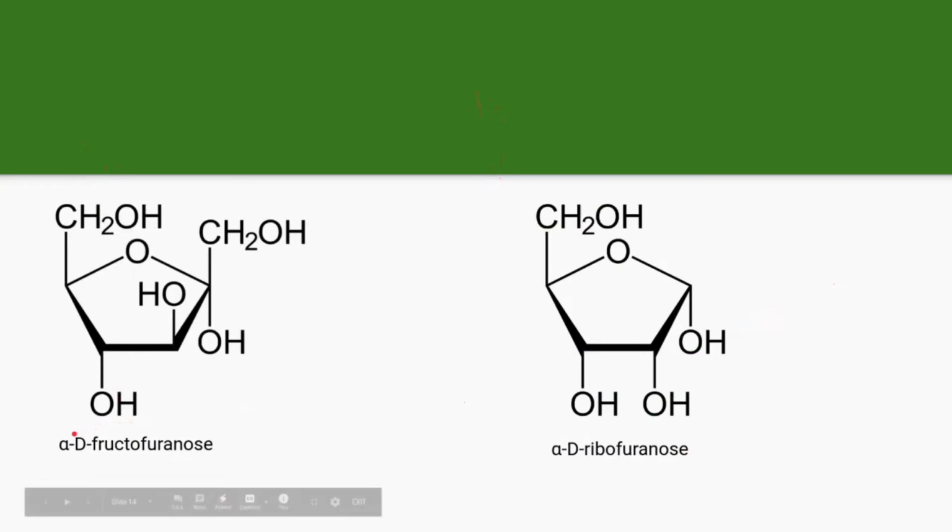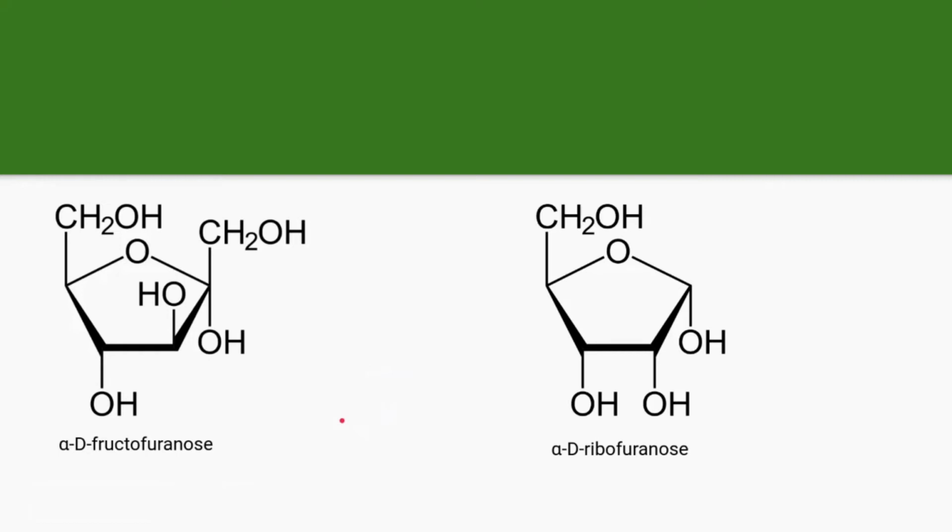So these are a few examples. Alpha-D-fructofuranose. So can you identify which molecule it was at one point of time, the linear form? Anyone? Yes. If you cannot speak, you can write in the lecture chat.